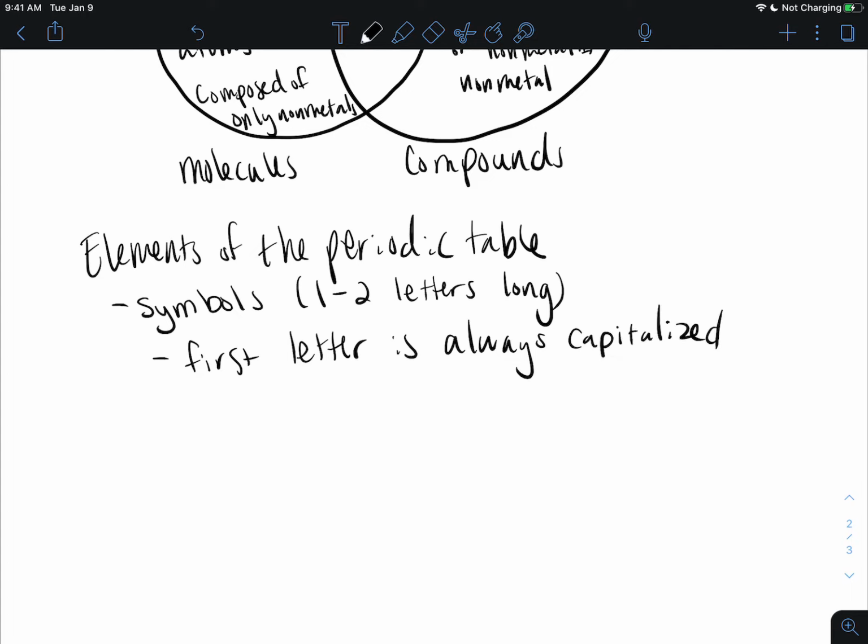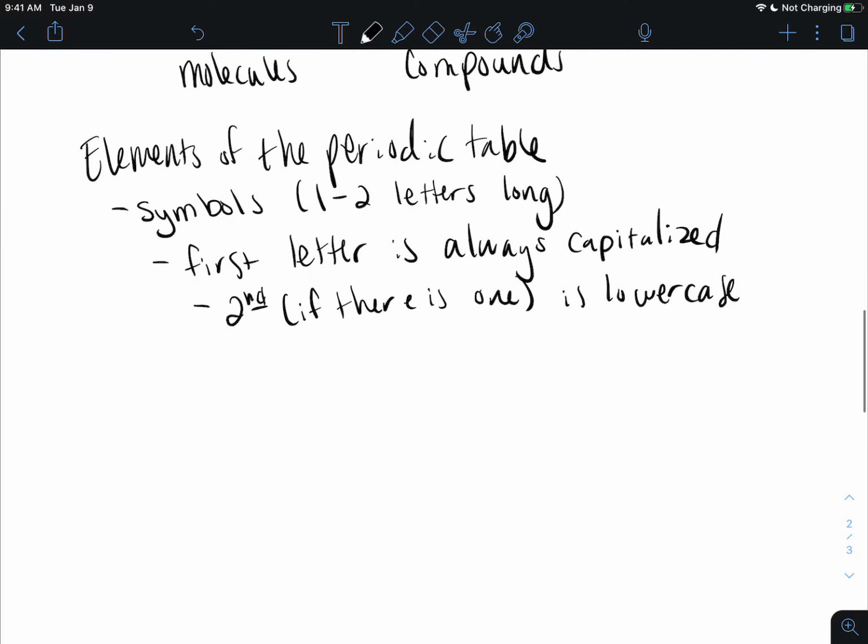And then the second, if there is one, is lowercase. Okay? The symbols are going to be unique to the element. And there's also going to be a unique name for each element.